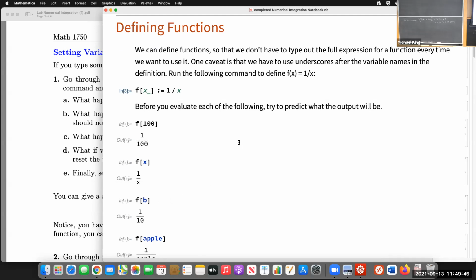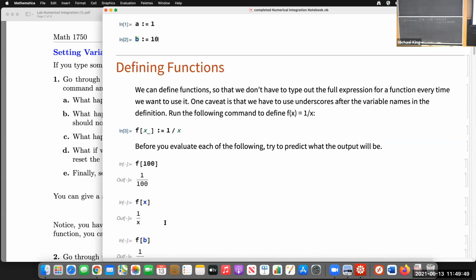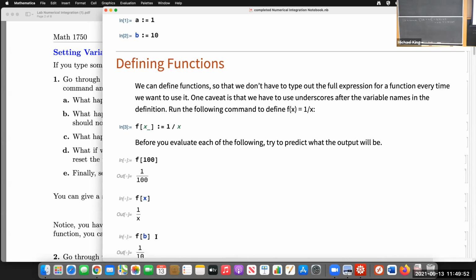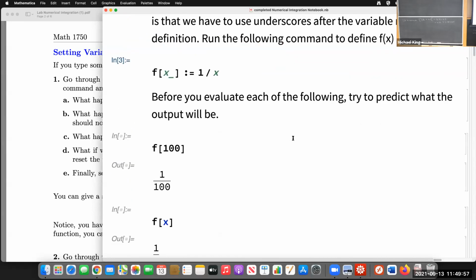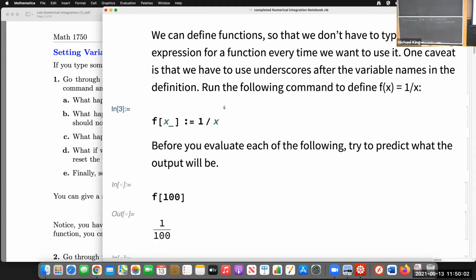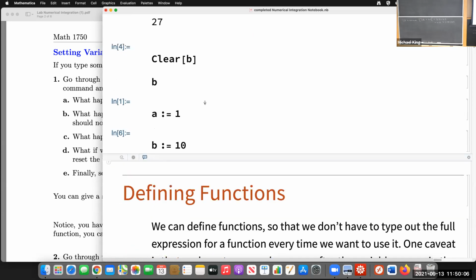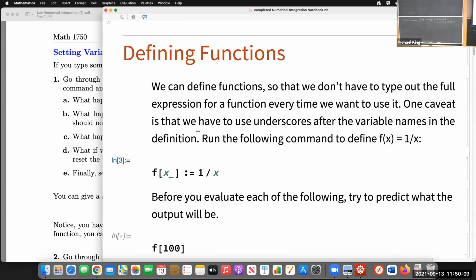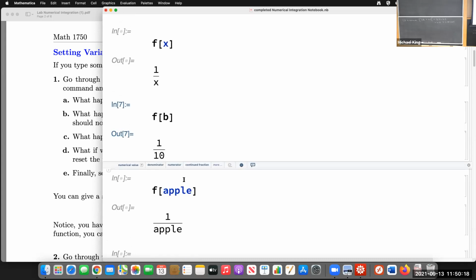You guys see that? Once I actually set B equal to 10, if I ran f of B right now, it would just tell me 1 over B. But when I actually run B equals 10, B is now not blue anymore, and it knows it's 1/10.